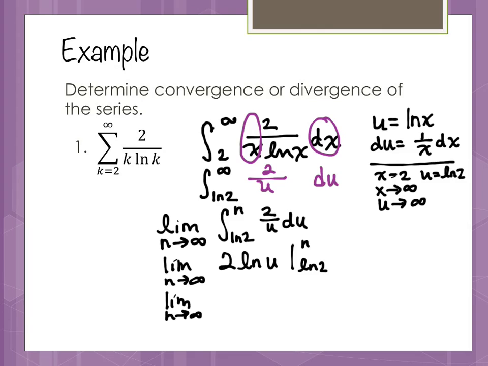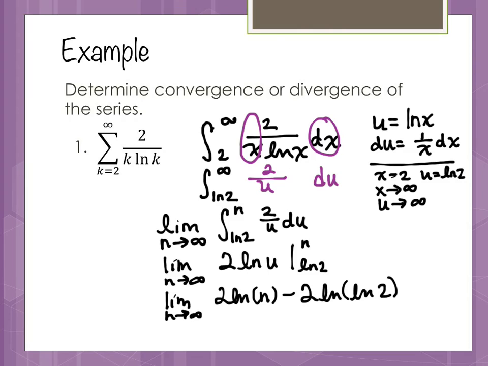So my limit as n goes to infinity of 2 ln, this is why I said n's a little bit awkward here, 2 ln n minus 2 ln of the natural log of 2. So the natural log of the natural log of 2. So far, so good?